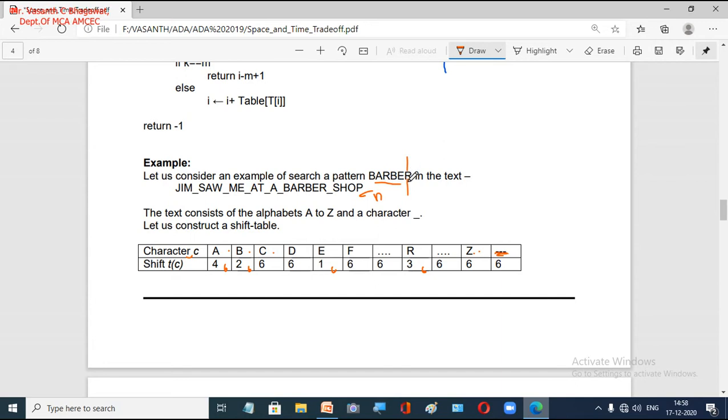Here one R is there, here also one R is there, right? R is present at 1, 2, 3, so it is at a distance of 3. So the 6 is overwritten with 3.